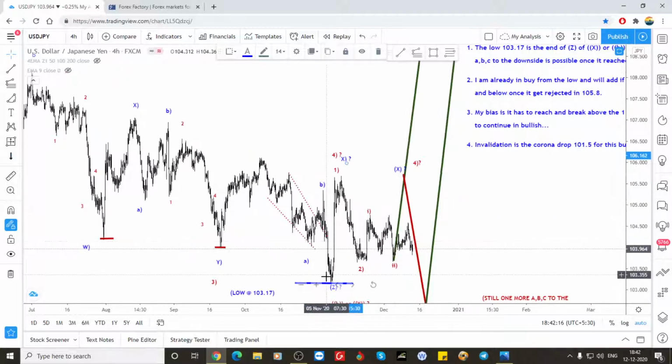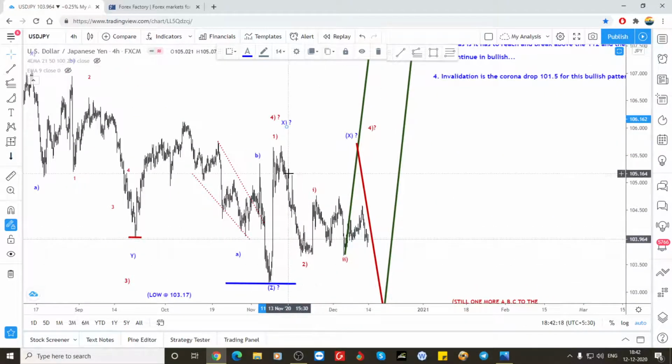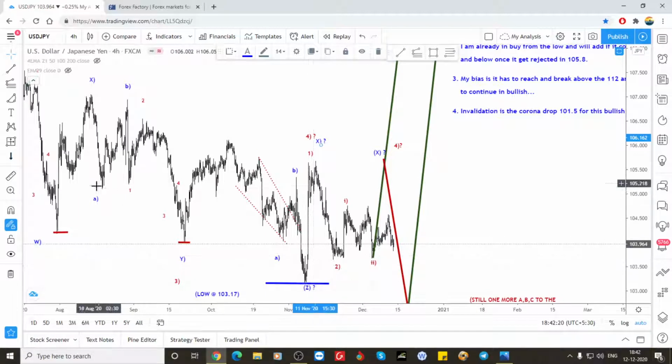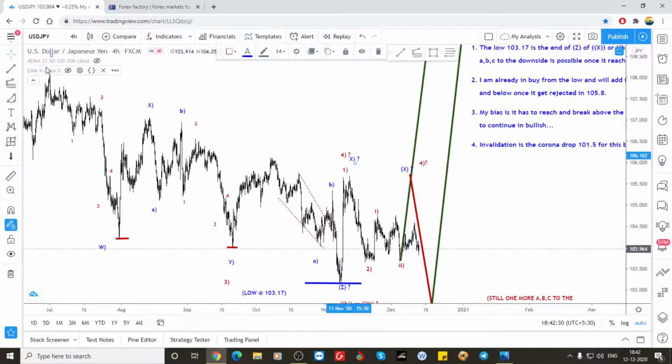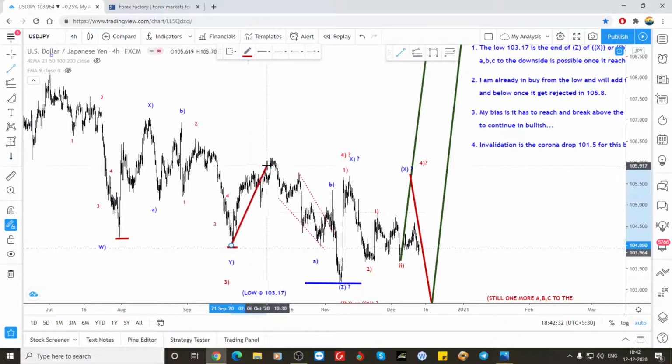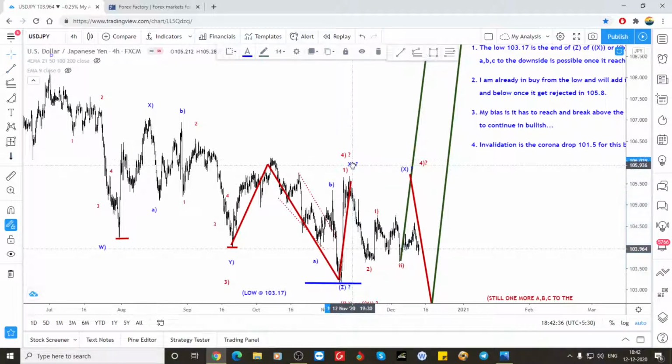Only the C wave will be very fast, and there will be no more wave counting. See here how A, B and C are like this. Every C wave is very fast moving like that. This could be the end of that X wave also. So in that case, it has no need to break this high.